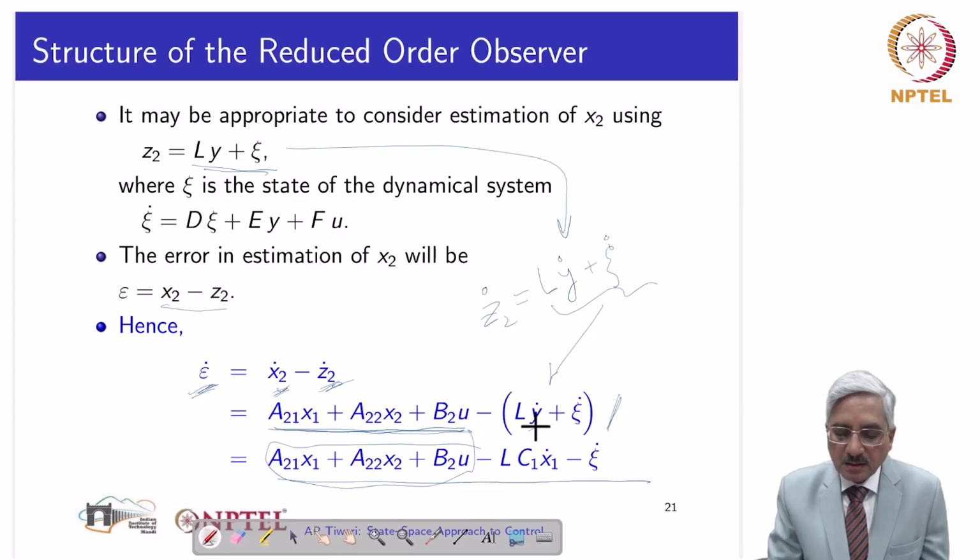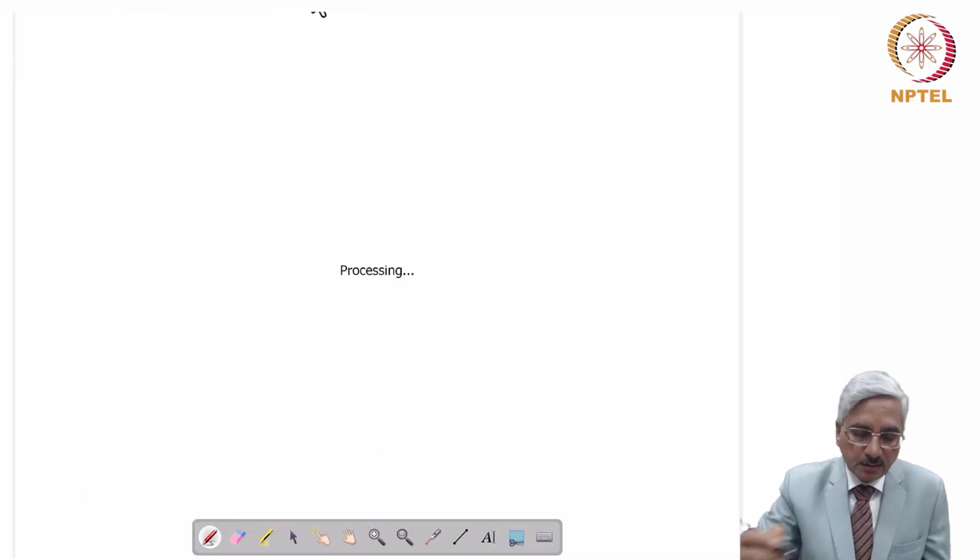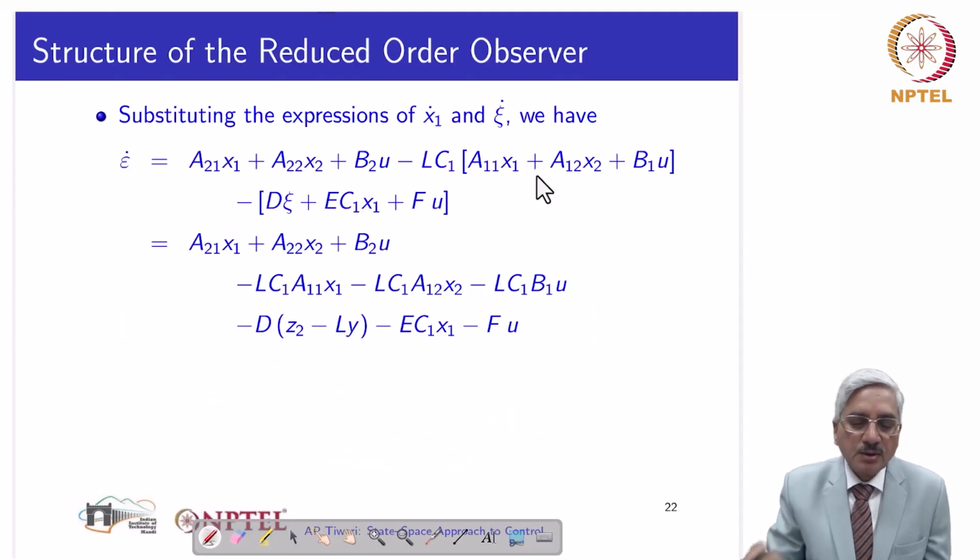However, because y is C1 x1, it becomes L C1 x1 dot, since y dot becomes C1 x1 dot, and this xi dot is as it is here. Now further it simplifies to this one.